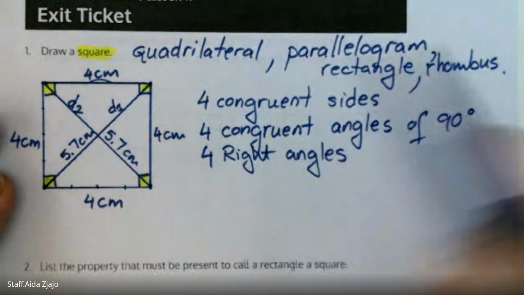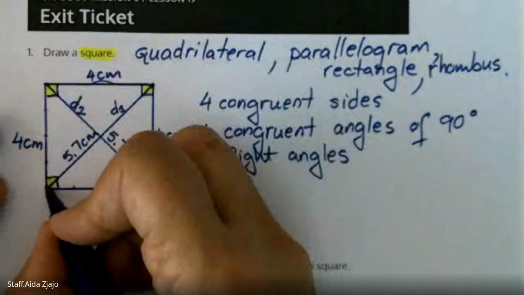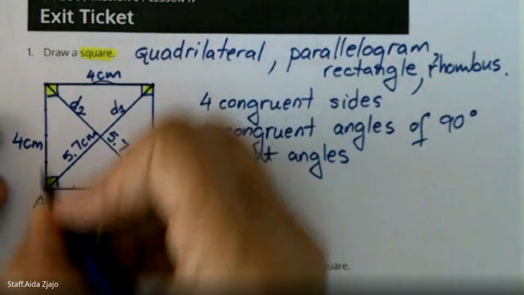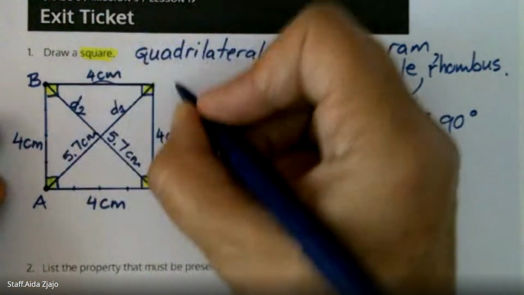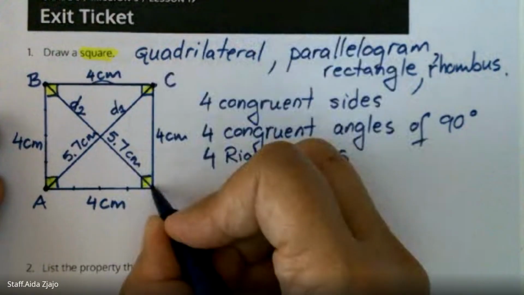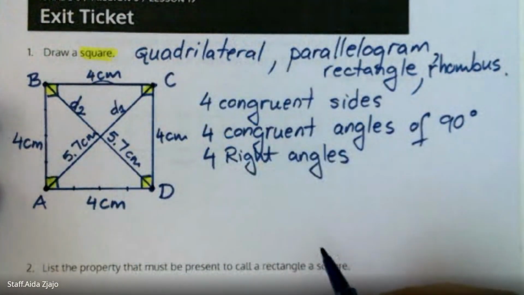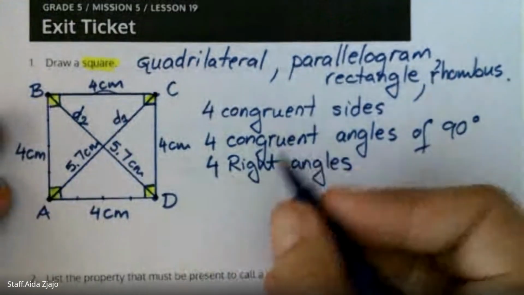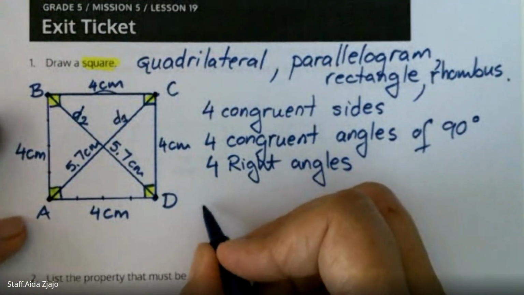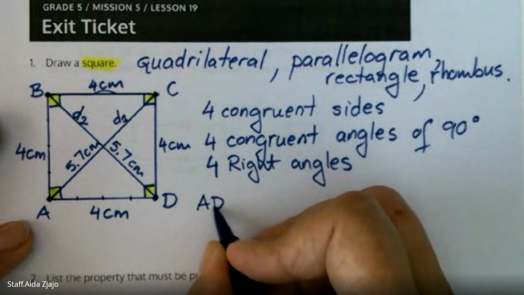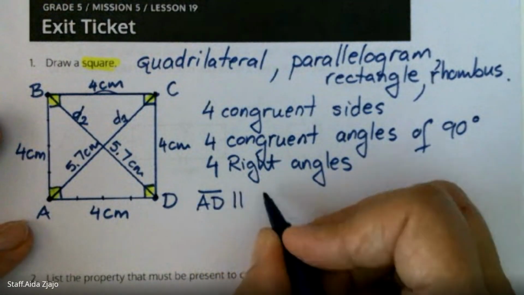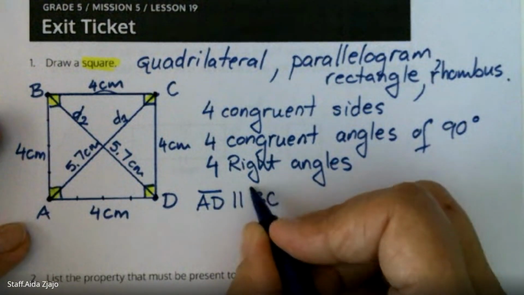So now if I label this A, B, C, and D, we can say AD line segment is parallel to BC line segment.